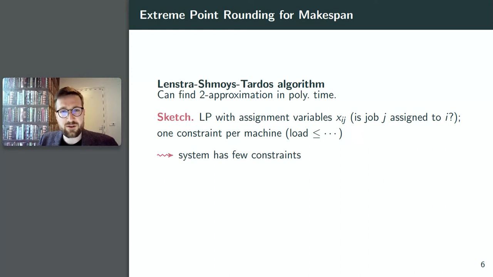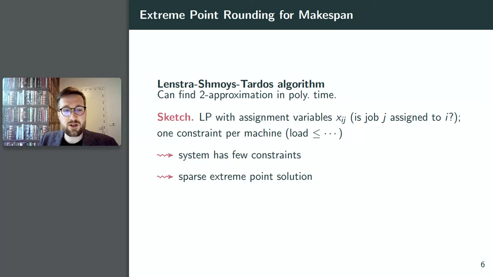If you count the number of constraints and the number of variables, you will notice that the number of constraints is fairly small, which then leads to very sparse extreme points. So if you take an extreme point solution of your linear program, then it has very few non-zero variables.